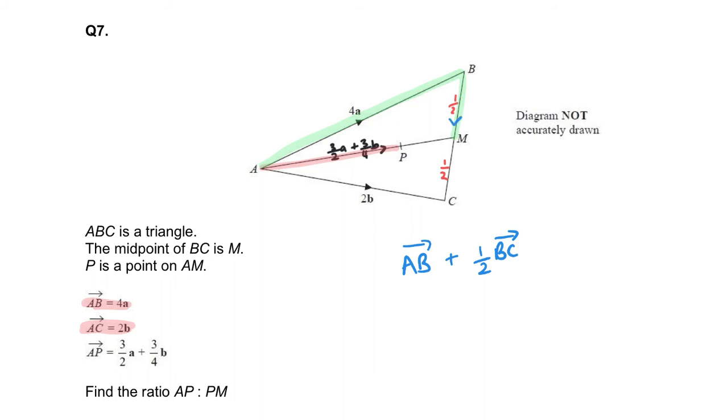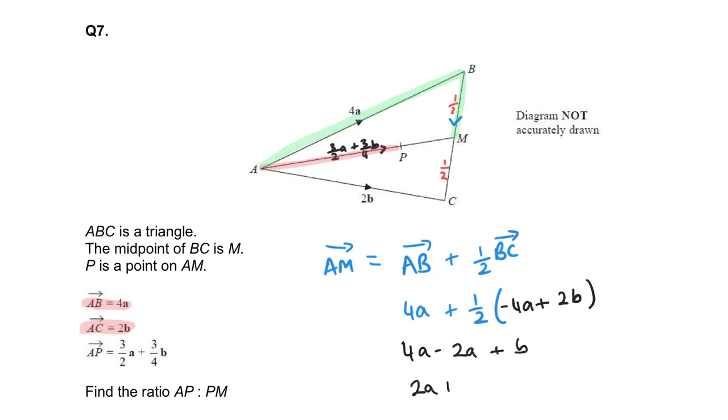So AB is 4A plus a half of B to C. So B to C, I don't know this way, so if I go here, minus 4A plus 2B. So I'm going to get 4A minus 2A plus B, so I get 2A plus B.